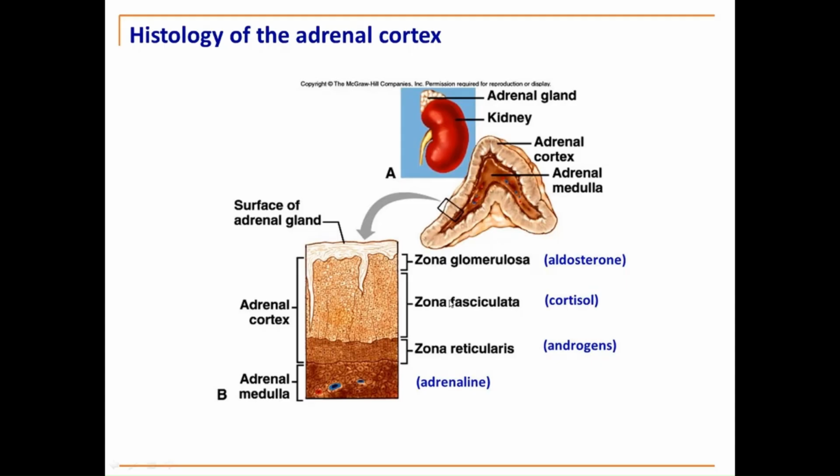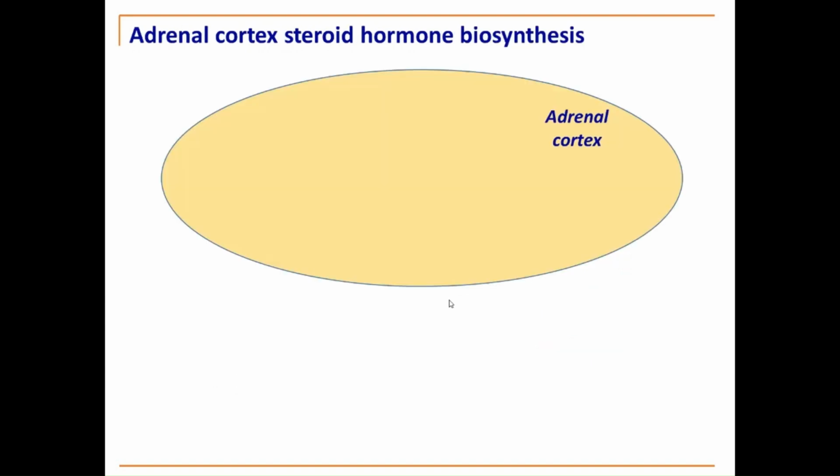And then you've got adrenaline being released from the adrenal medulla. If we're crudely looking at a very simple level at how these three hormones are made in those various different parts of the adrenal cortex, they all start with that cholesterol backbone. Then through stimulation of enzymes that we'll talk about in a few minutes, we get the formation of progesterone, which is an intermediate.